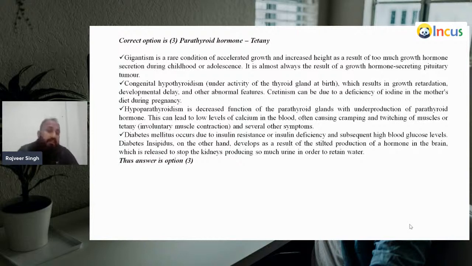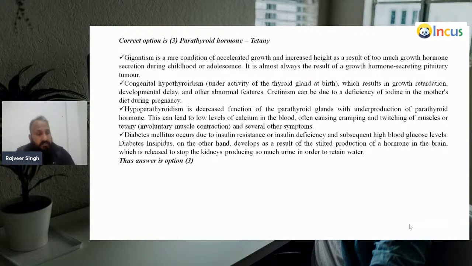Because if I talk about gigantism, it is a rare condition of accelerated growth and increased height as a result of too much growth hormone secretion during childhood or adolescence. It is almost always the result of a growth hormone secreting pituitary tumor.